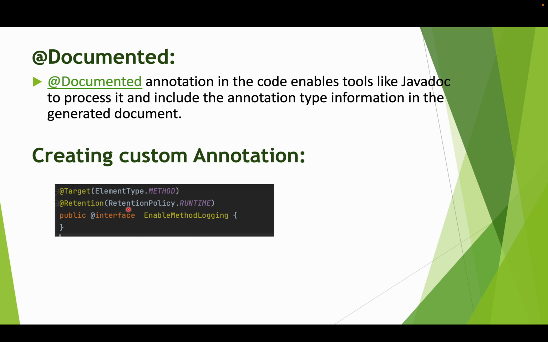So I have provided my retention policy as RUNTIME. I don't want Javadoc to document this annotation, so I didn't provide any @Documented here. So this is an example of creating a custom annotation.